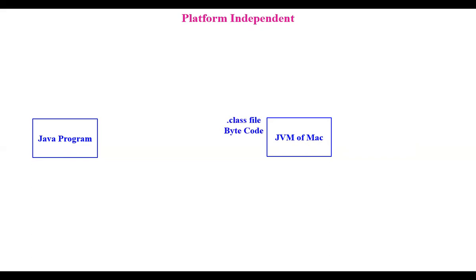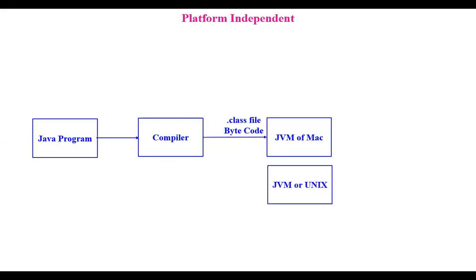This Java Virtual Machine needs a .class file, which is byte code. This .class file can be run on the JVM of Mac OS. The compiler takes the instructions from the Java program and converts them into byte code, the .class file, and it executes.